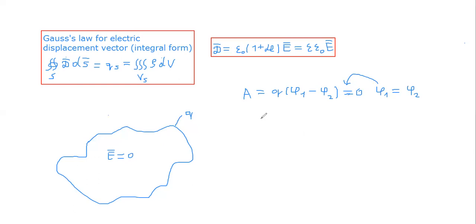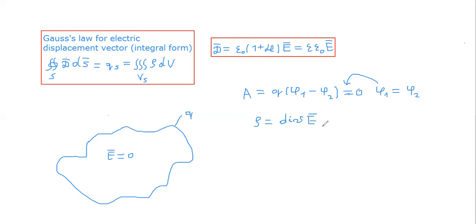As we remember, according to Gauss law for electric field intensity, electric charge density is equal to divergence of electric field intensity.